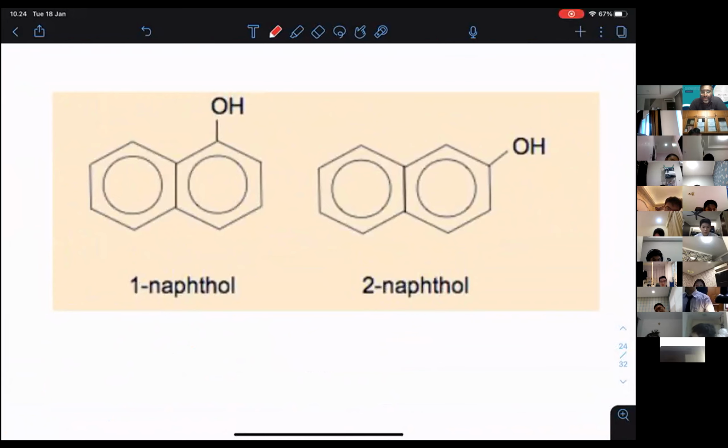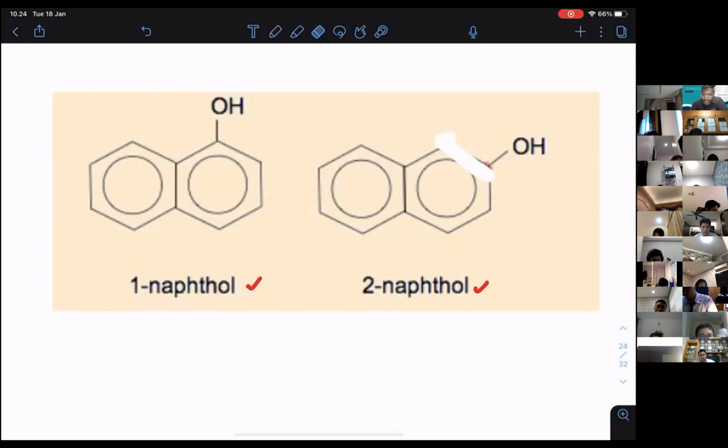Naphthol is going to have another benzene ring attached to it. If let's say the OH is at this position, we call it 1-naphthol. And if you have it like this and the OH comes over here, this is going to be position 1, this is position number 2, so we call it 2-naphthol. So we have two types of naphthol.